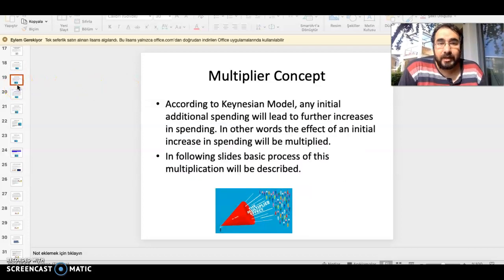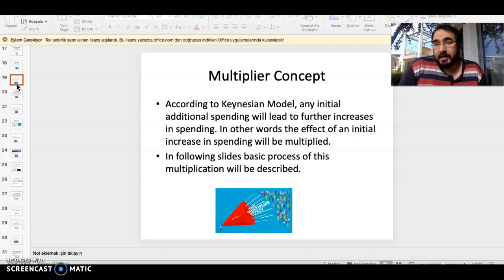So, the main idea here is when you have an initial spending happening in the economic system, this initial spending will cause new spending, and then another spending, and then another spending.